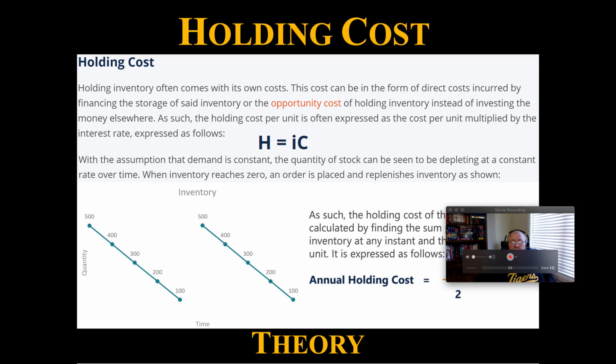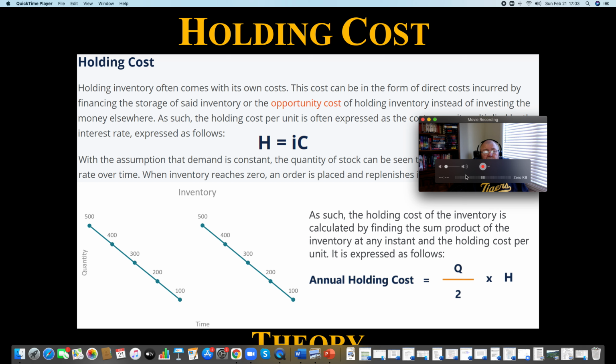Because it takes time to deliver the order. But nevertheless, what is the holding cost of inventory? The holding cost of inventory is calculated by finding the product of the inventory at any instant and holding the cost per unit constant. So that this is Q divided by 2 times H. And again, we still don't know what Q is, but we're going to be able to figure that out here in just a minute.